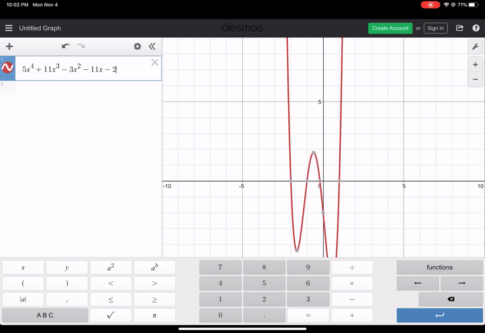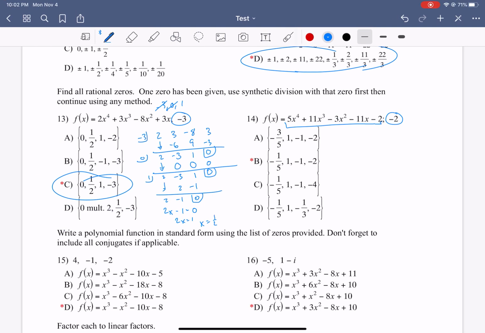So if we look at this, it clearly crosses the x-axis at negative 2, negative 1, and positive 1, and then somewhere in between 0 and negative 1. So negative 2, negative 1, positive 1, and some other fraction.